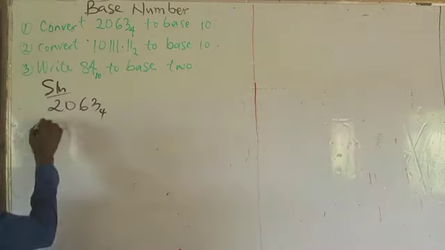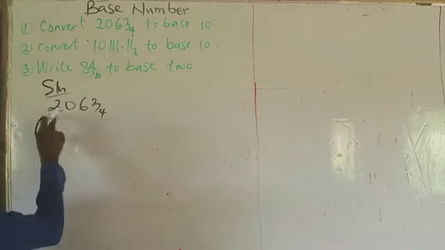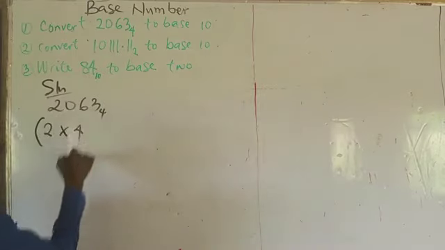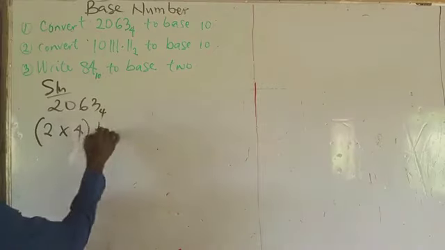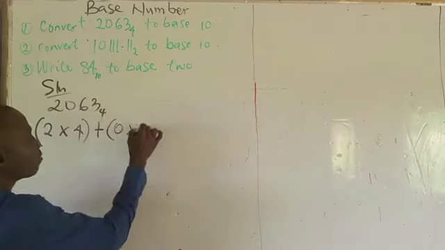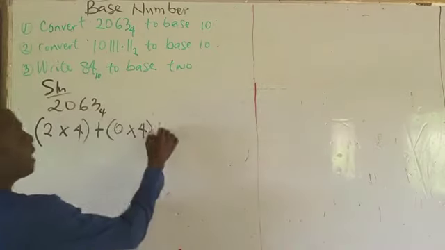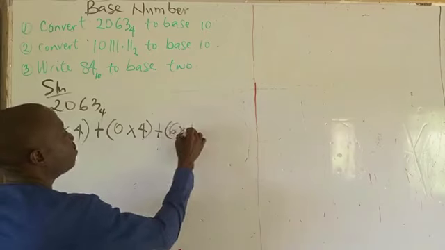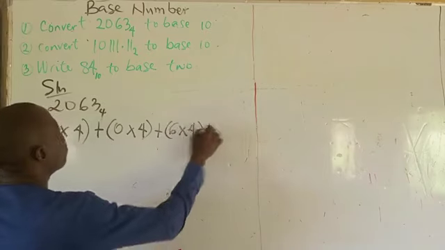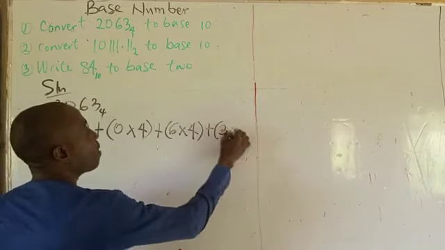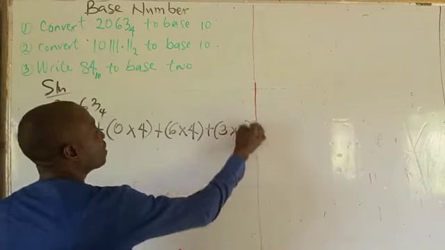Write the first number, which is 2, multiply by the base you are converting from, which is 4 in this case, and add it to the second number multiplied by the base you are converting from, plus the third number, which is 6, multiplied by the base, plus the fourth number, in this case 3, multiplied by the base you are converting from.